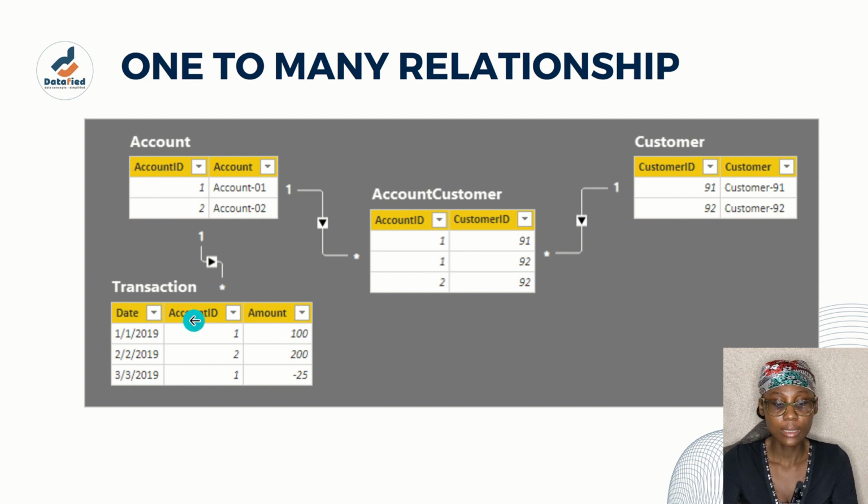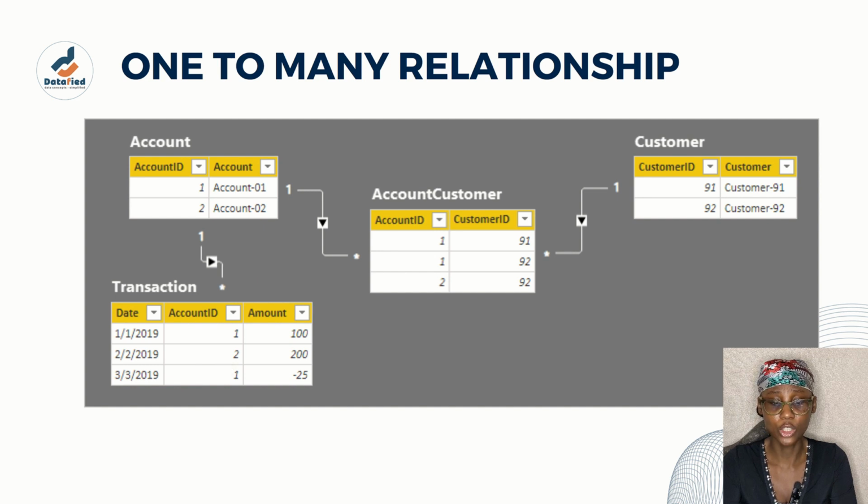So looking at this table, we have account ID 1 appearing just once in my dimension table. And when we look at the fact table, transactions, we have it appearing twice. So we have two records of it. So that's why it forms a one-to-many relationship, and so on and so forth.